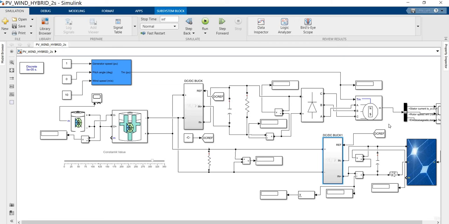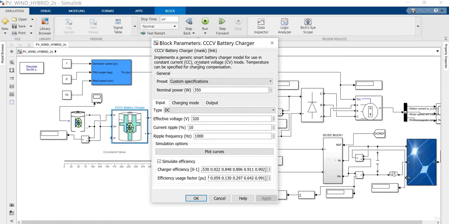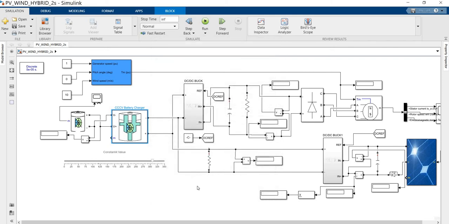So this is the entire setup. This is also a DC to DC converter, with constant current and constant voltage operation, which is a DC converter principle as well.